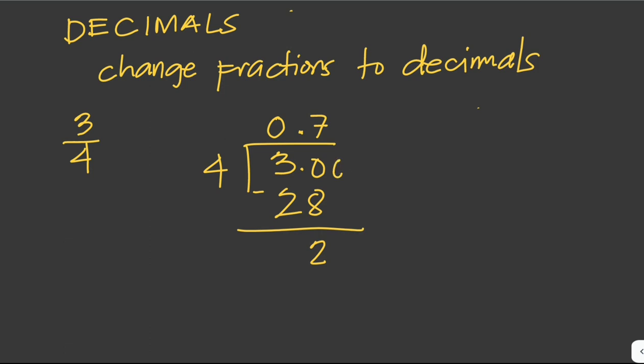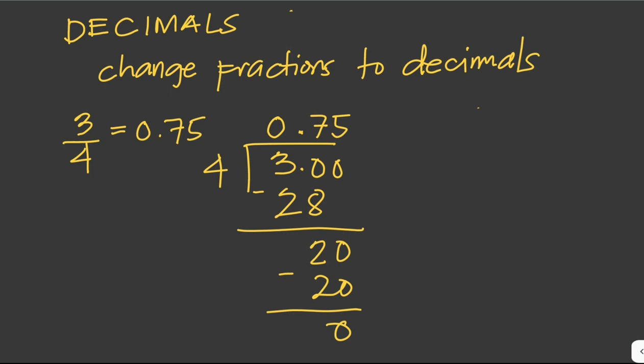We can add one more 0. 20 divided by 4 is 5. 5 times 4 is 20, minus, okay, 0 remainder. So that means 3/4 is equal to 0.75. So that's how to change or write fractions to decimals.